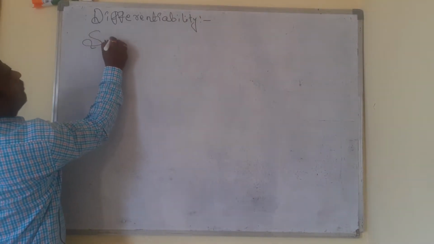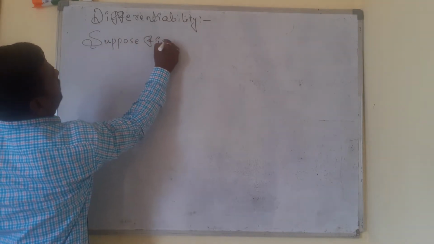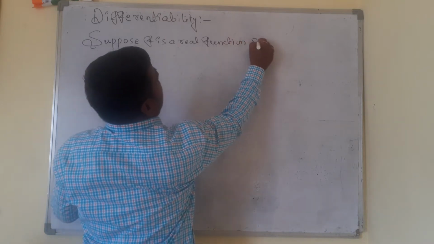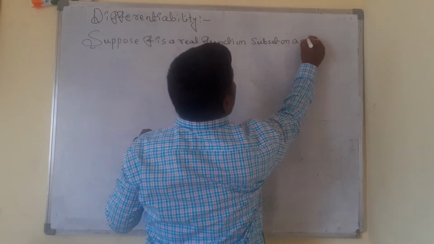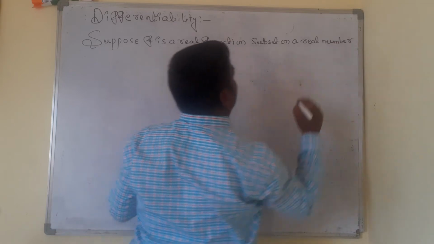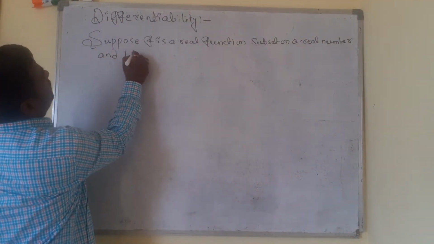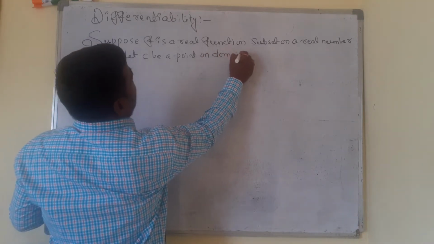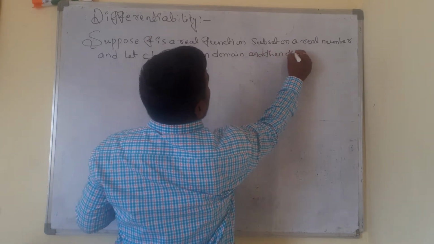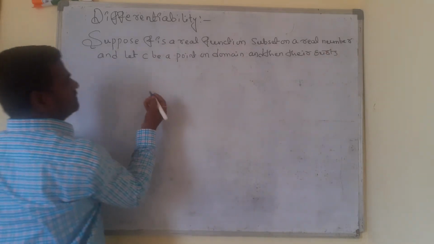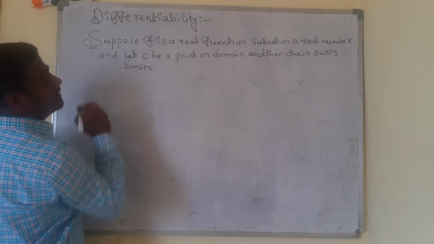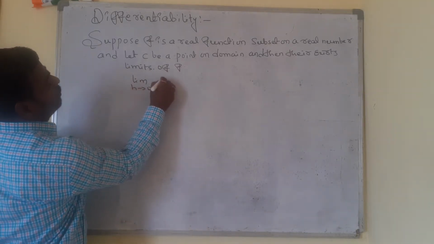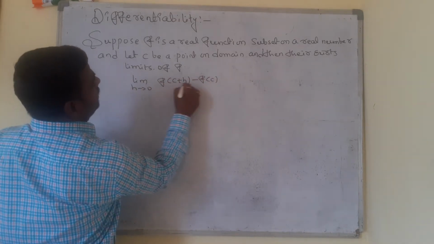Suppose f is a real function on a subset of real numbers and let c be a point in the domain, and then the limit exists. The limit as h tends to 0 of f of c plus h minus f of c divided by h.